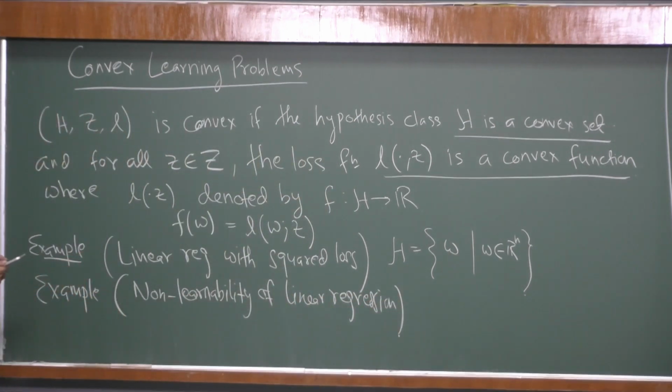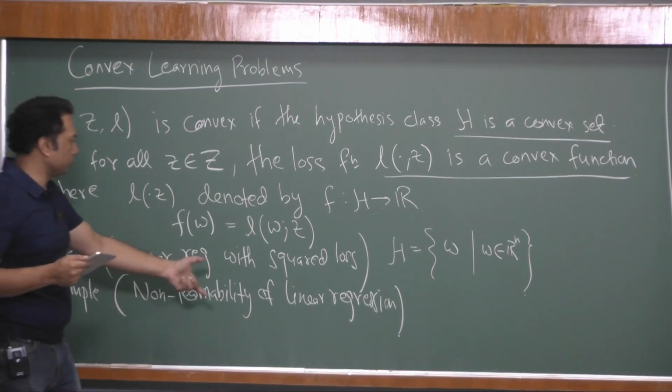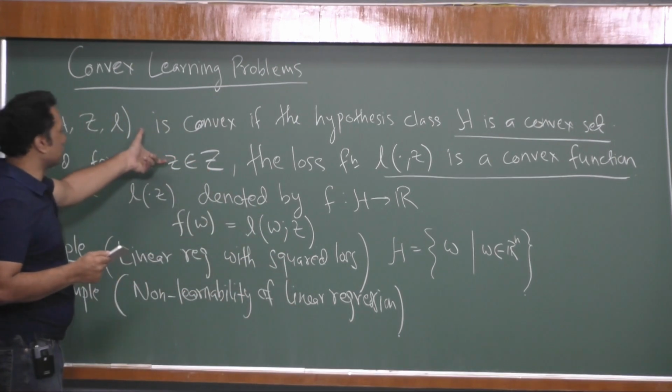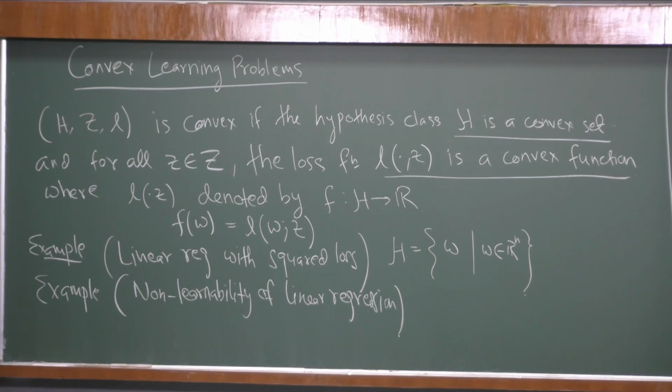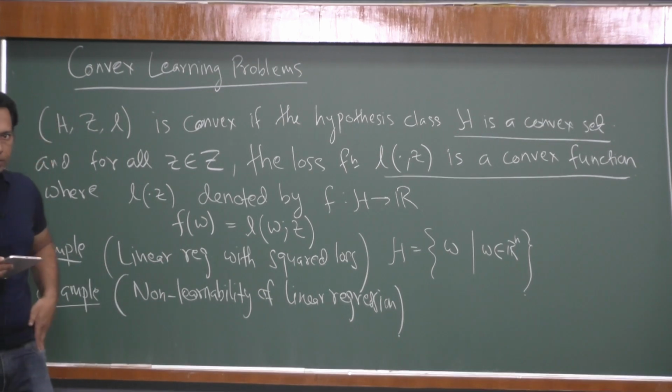So this essentially tells us that linear regression, which is a convex learning problem, is by itself not learnable. It's not PAC learnable. So not everything is good if we have a convex learning problem. For machine learning, we need a lot more. The fact that it's convex does mean that I can minimize the loss and so on, but for machine learning, we need a lot more than a convex setting.